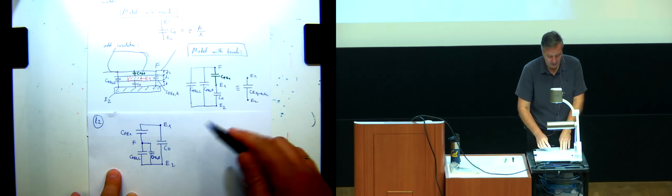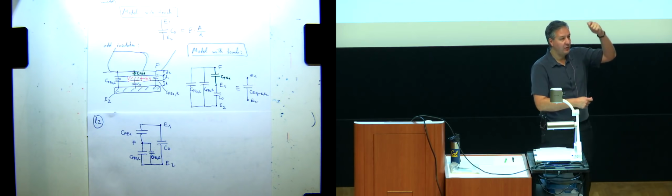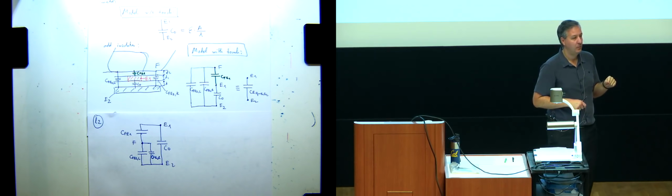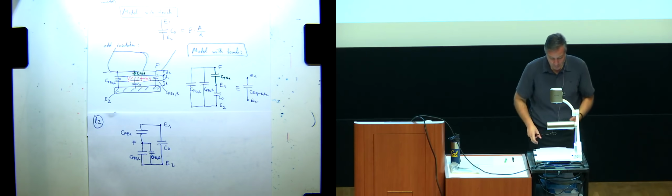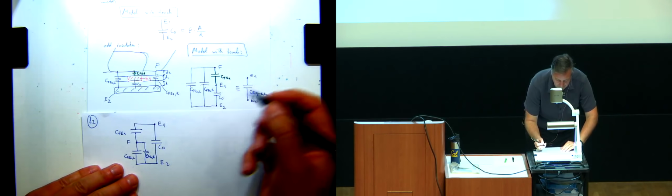I could move things around, but notice what I'm trying to do here is move things so things are between nodes E1 and E2. I can more clearly see what is exactly between E1 and E2. Does that make sense? In fact, maybe one thing to do is let's just go from the original one.